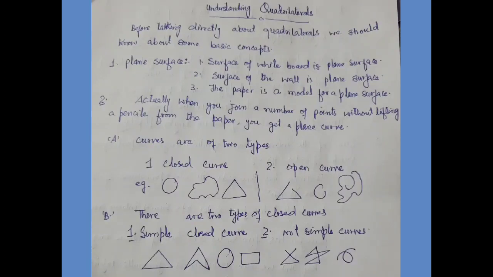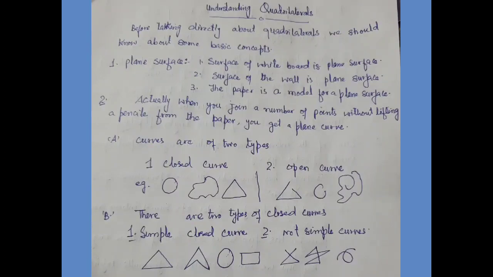The examples are the figures shown under the closed curves. They are closed. The curve which is closed end to end is a closed curve, and the curves which are open at the ends are called open curves. Number one are closed curves, and under number two they are open curves.